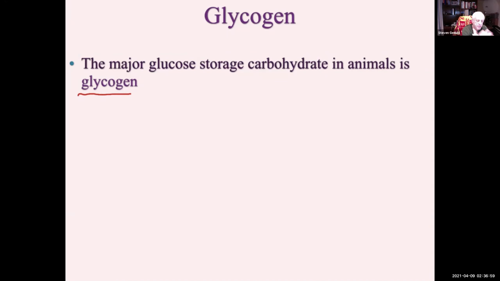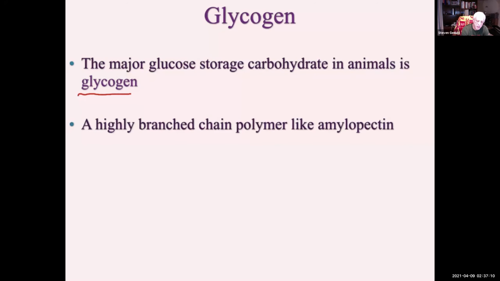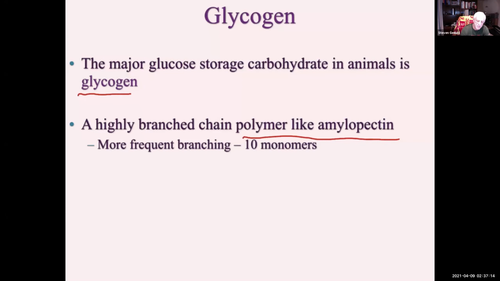Again, when you eat, the extra energy you take in that you don't use has to be stored for later on. And we store it as glycogen. Okay, it's a highly branched chain, just like amylopectin. Okay, has more frequent branching though.